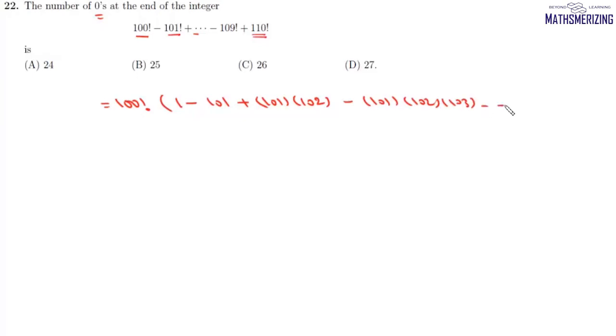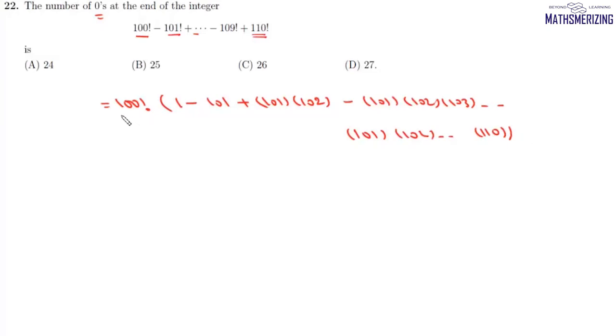Now question number 22 is, we need to find the number of zeros at the end of this integer, which is factorial 100 minus factorial 101 plus factorial 102 up to factorial 110. Now what we'll do is we'll take factorial 100 common, then we can write 1 minus 101 plus 101 into 102 minus 101, 102, 103 and up to 101, 102 and 110.